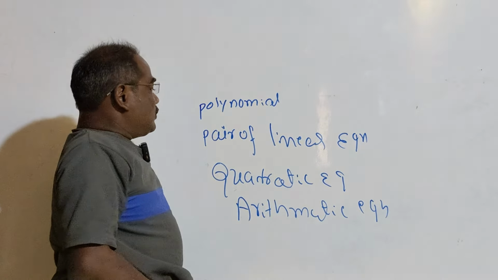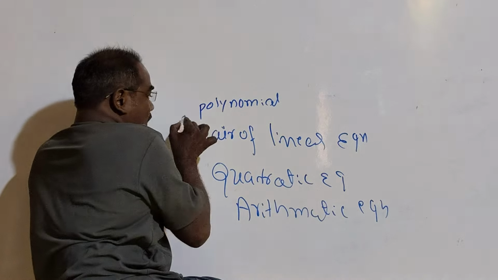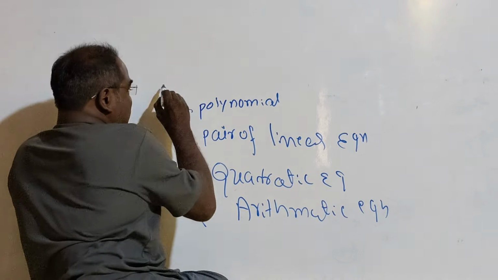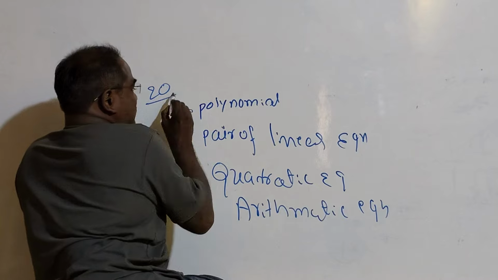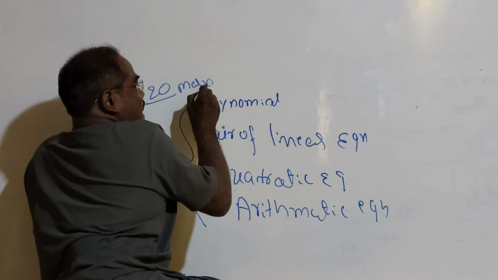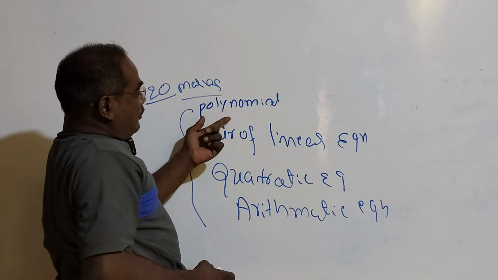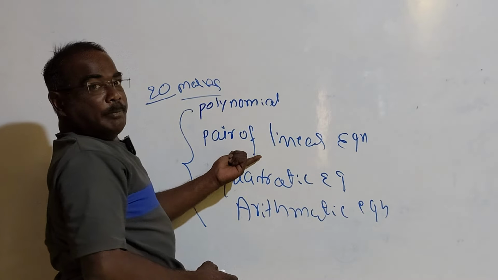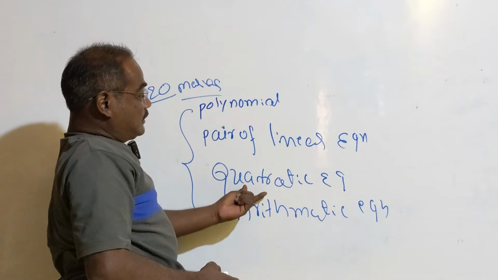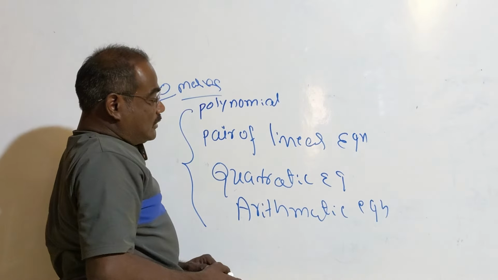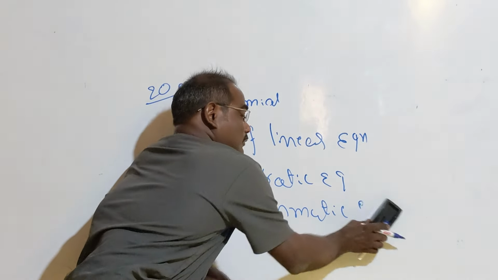Including all these 4 chapters, CBSE asks 20 marks of your question paper weightage: polynomial, pair of linear equation, quadratic equation, and arithmetic progression.